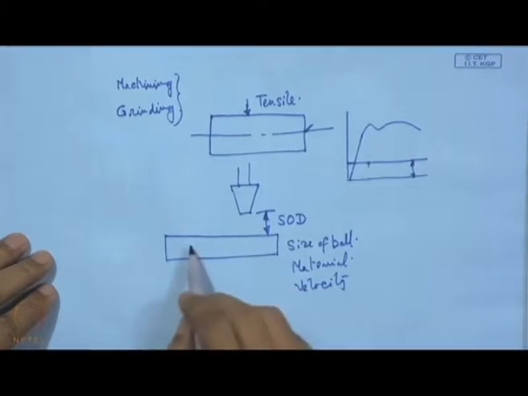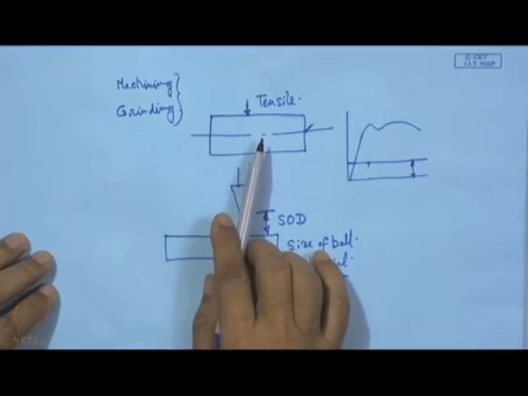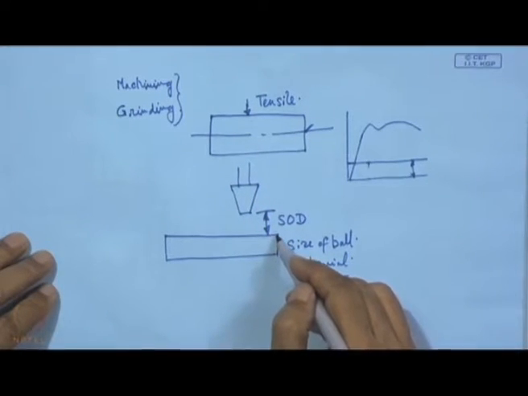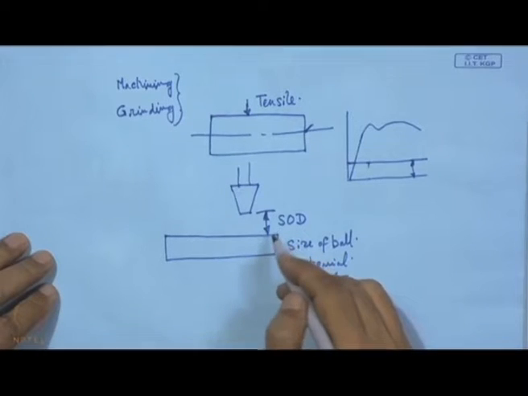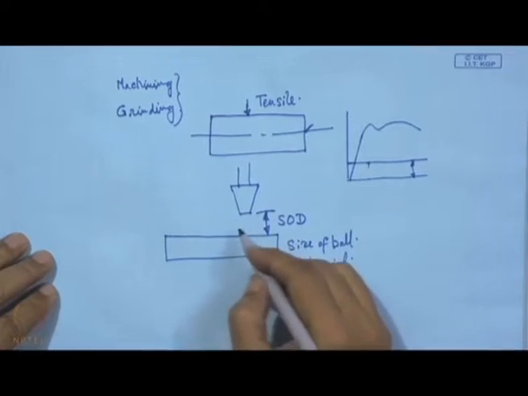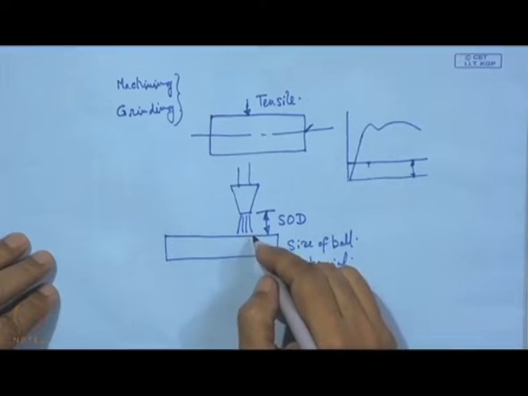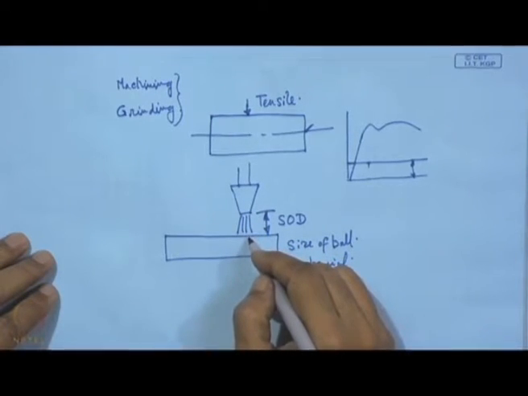On this surface, the first thing we would like to have is an improvement in the stress situation. By this impingement or bombardment, the surface will undergo some kind of plastic deformation, and with this plastic deformation a compressive stress will be induced.